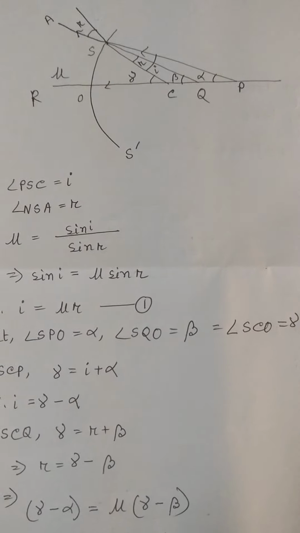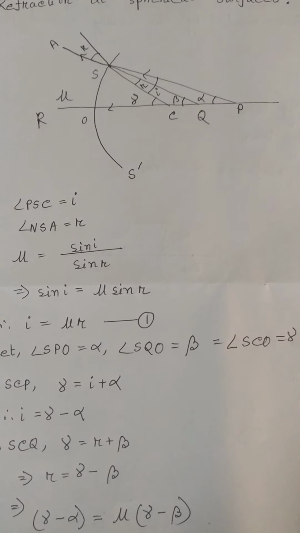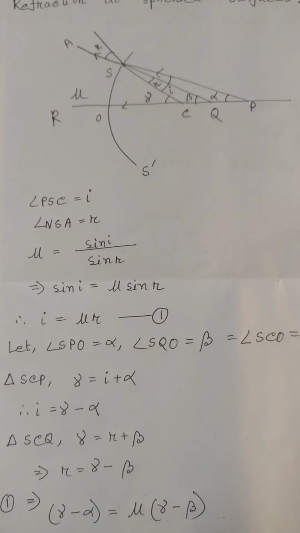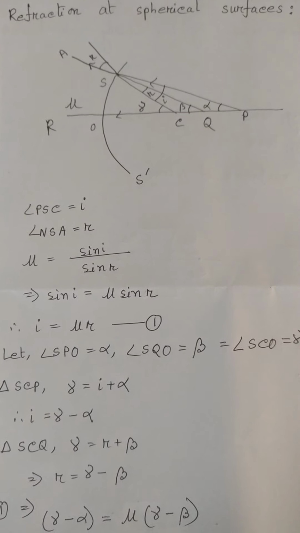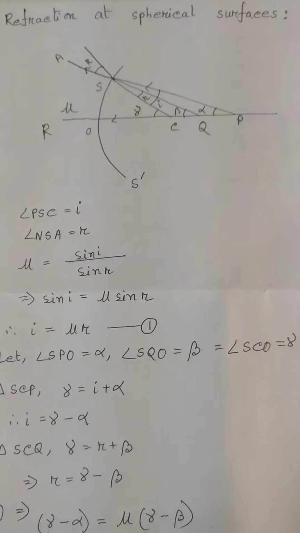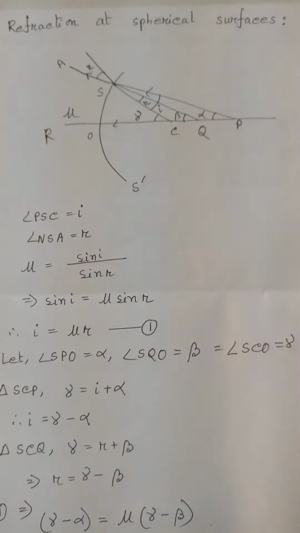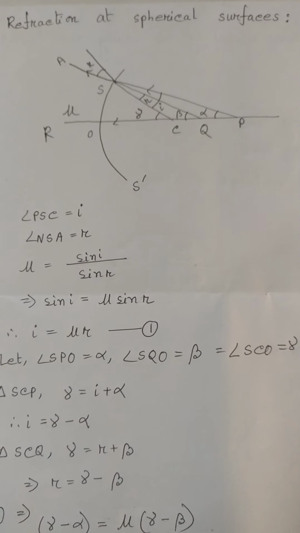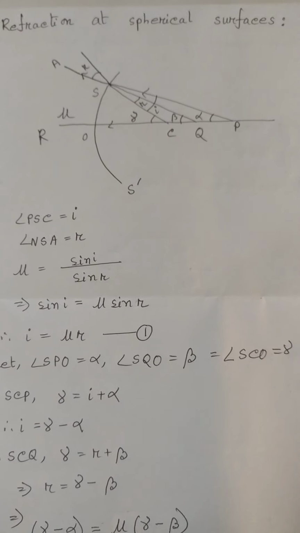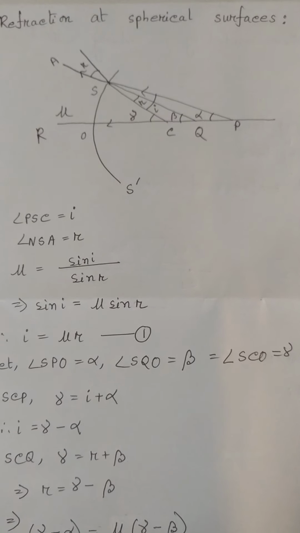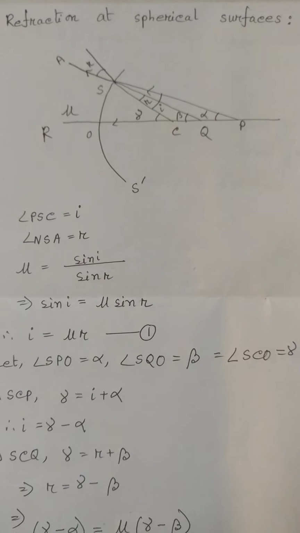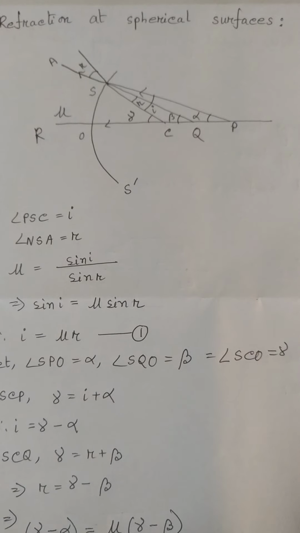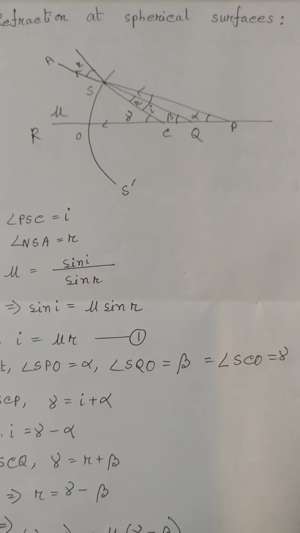From the triangle SCP, we write that gamma equals I plus alpha. We know the external angle of a triangle is equal to the sum of the two opposite internal angles.